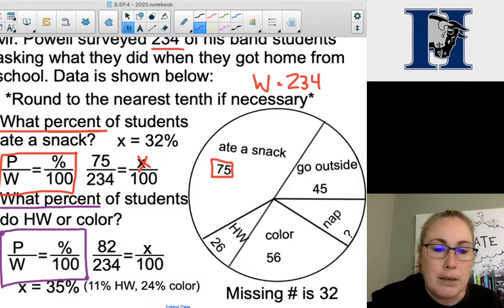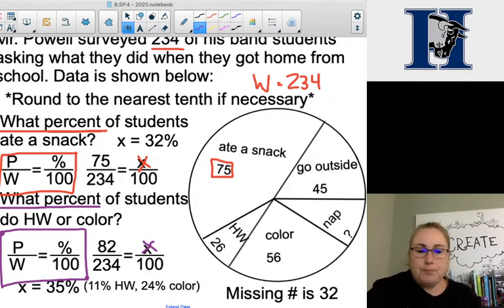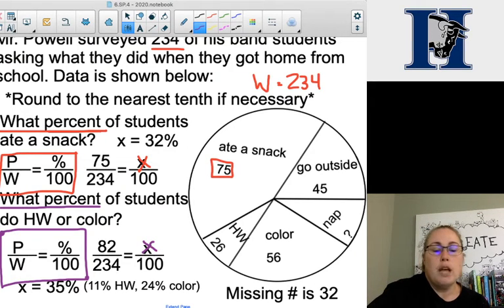So what percent? X is the percent. We want to know the percent out of 100. So what's the part and what's the whole? We're looking for students that do homework or color. So homework is 56. No, it's not. Coloring is 56 students. And homework is 26 students.